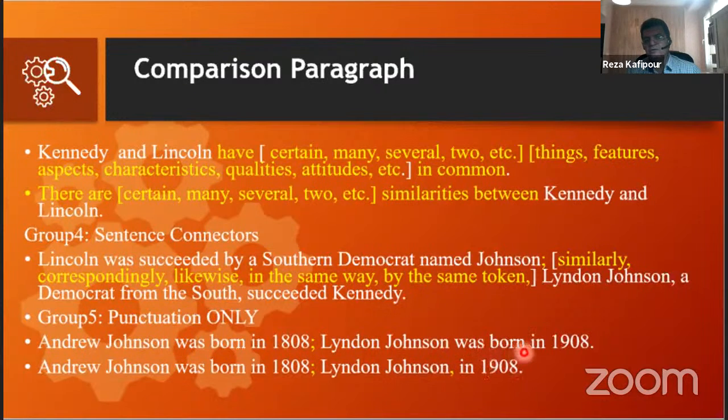So was born can be omitted as a parallel structure and replaced by a comma. So both structures are academically correct, and academically used in articles or manuscripts that are prepared to be published in a journal.